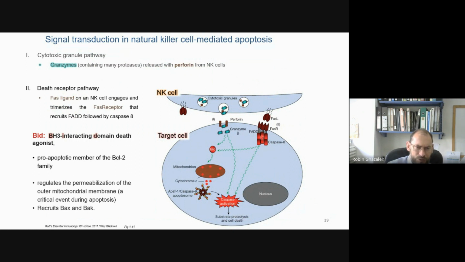And that also is a common theme. So a common theme is that presence of ligand causes multimerization, so dimerization and trimerization, followed by the recruitment of other molecules to the cytoplasmic part of this receptor, and the recruitment of a whole series of molecules, and even this is a simplification of that story, results in the effector function of that receptor.